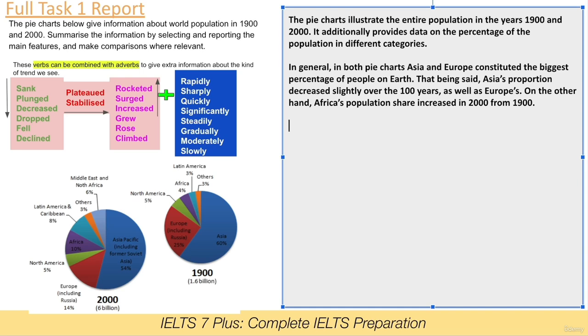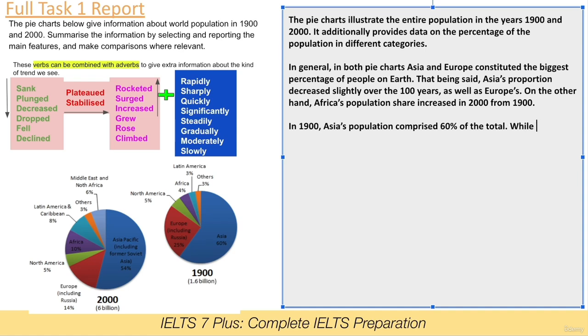So let's start. We wanted to start with the trend of those that have decreased. Asia and Europe have decreased. So let's dive in. In 1900, Asia's population comprised, another word for made up, comprised 60% of the total. Full stop. Now we can talk about it dropping.